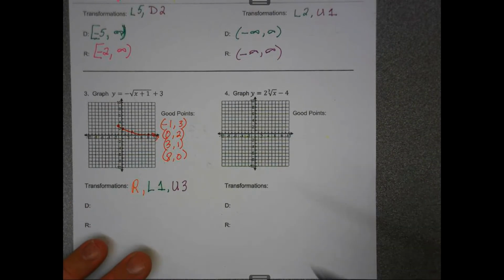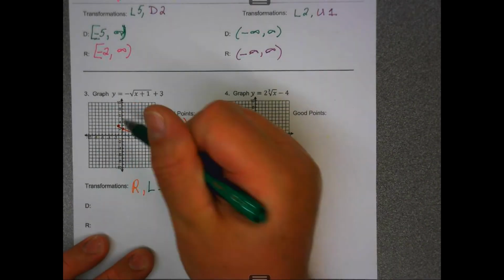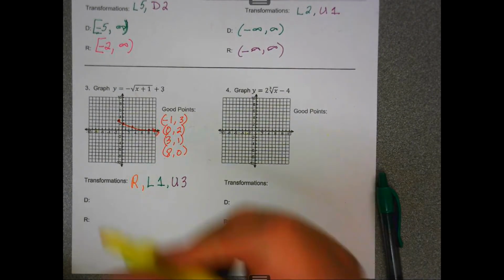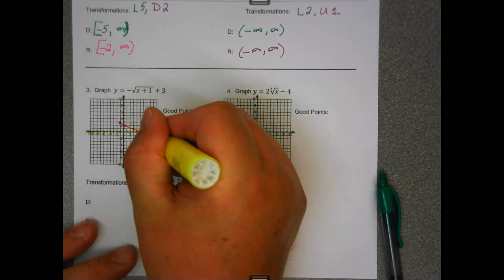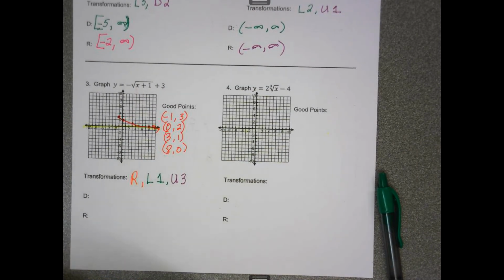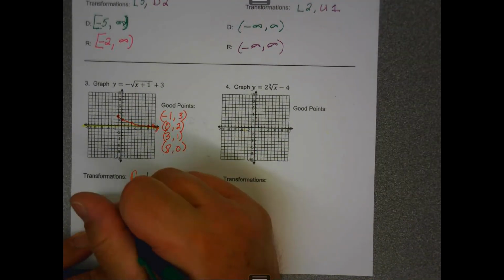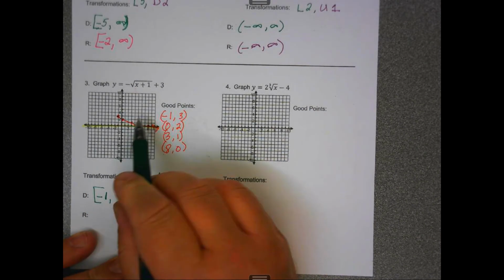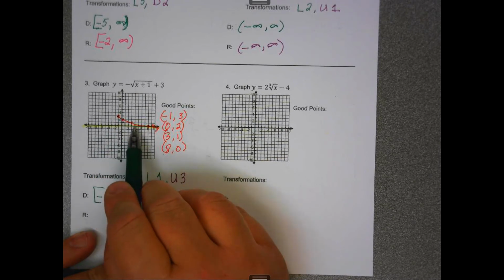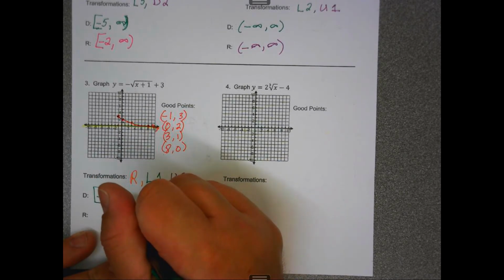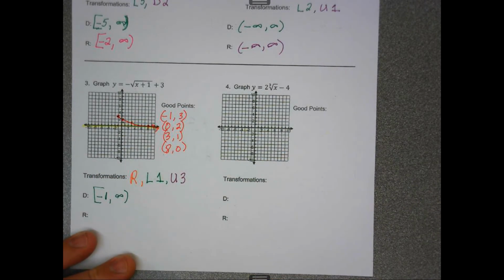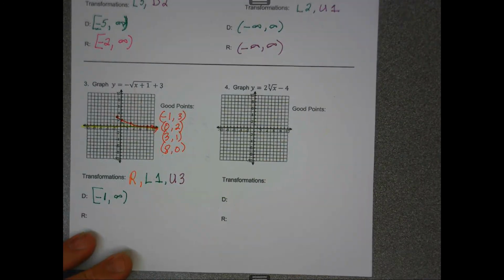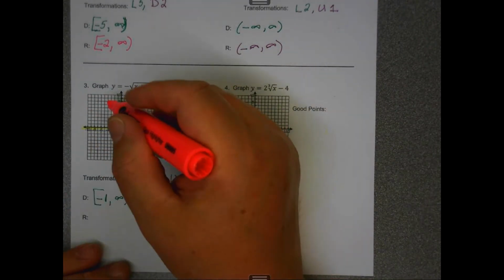Domain starts here on my x value of -1, includes that -1, and it's going to go out to infinity, parenthesis. Then y-axis, y values.